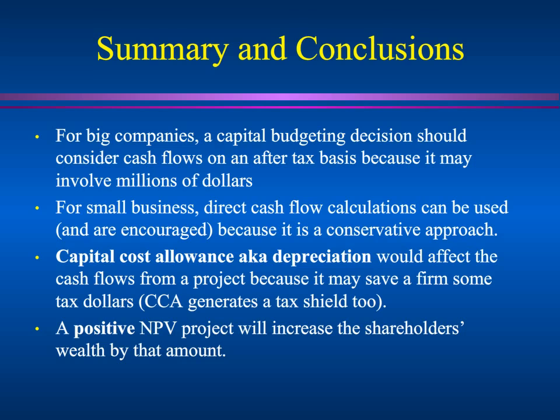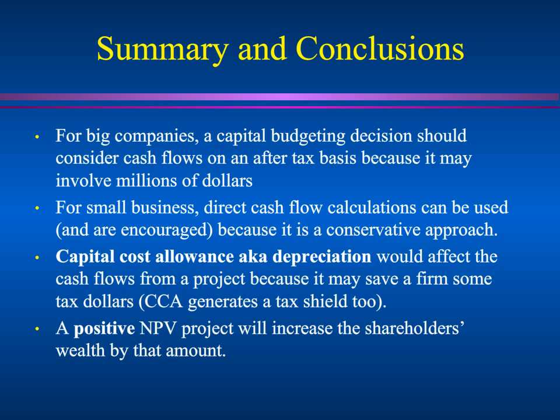For small business, just take the direct cash flow calculations and don't worry too much about the tax shield, because at the end of the day, it's going to be a conservative approach, which means you're going to be safer. You're going to have more money than what you calculated. Okay, not a great deal, but a little bit more. Don't count on that little bit more, though. Always assume worst case scenario, and you'll be a lot happier.